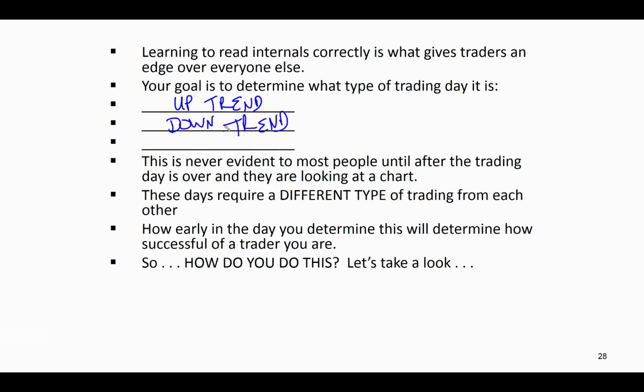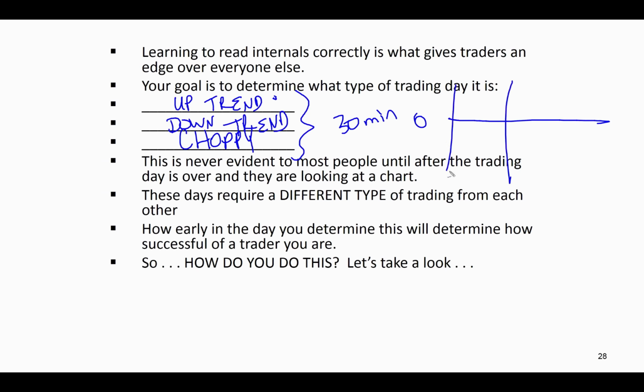Obviously, once the market bell rings, it's always easy to tell what kind of day it was. But if you can tell this in the first 30 minutes, it gives you a big edge. Typically, if it's going to be an uptrend, here's the 0 line in the ticks, and in the first 30 minutes you're going to spend 90% of the time above 0.